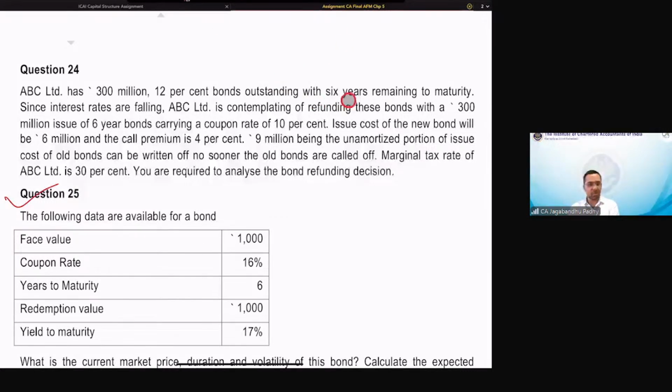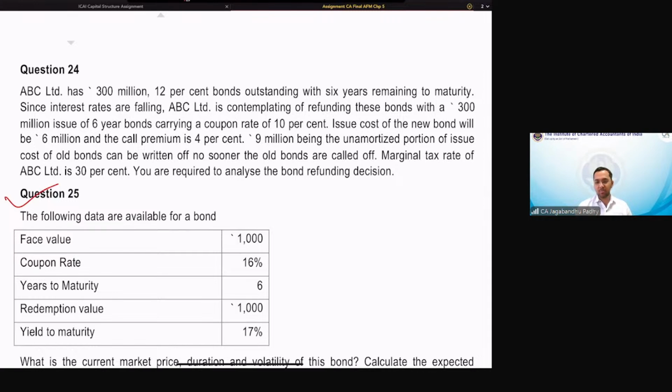So refunding these bonds with a 300 million issue of 6 years bonds, we will issue new bonds and retire the old bonds. The new 6-year bond carries a coupon rate of 10%, the issue cost of the new bond will be 6 million and the call premium is 4%.